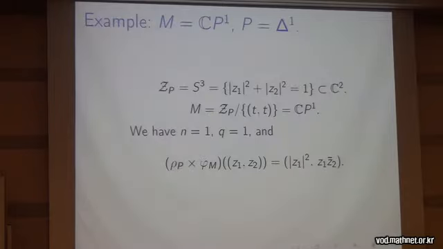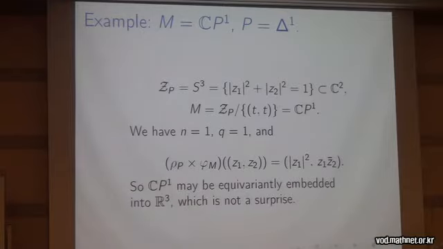Sketch of the proof. And here are the simplest examples. Well, what's the simplest toric variety we know? This is when P is a segment, M is CP1, and the moment angle manifold Z is the three-dimensional sphere. And we have n equal to 1, q equal to 1. And the map is given by this simple formula. The complex part is Z1 Z2 bar.